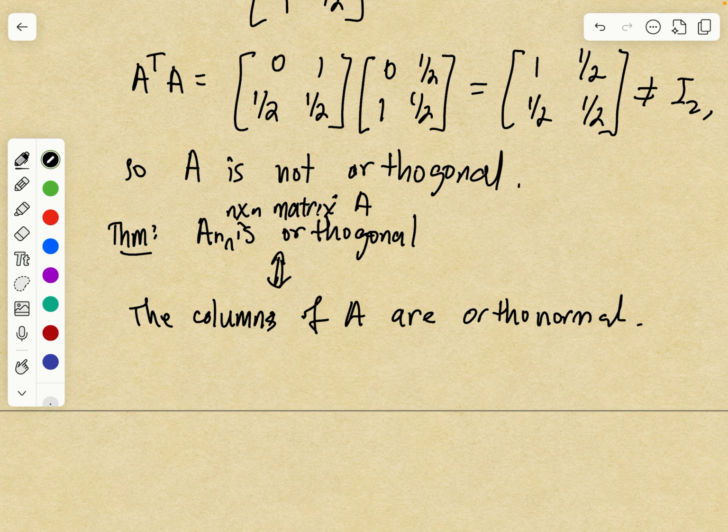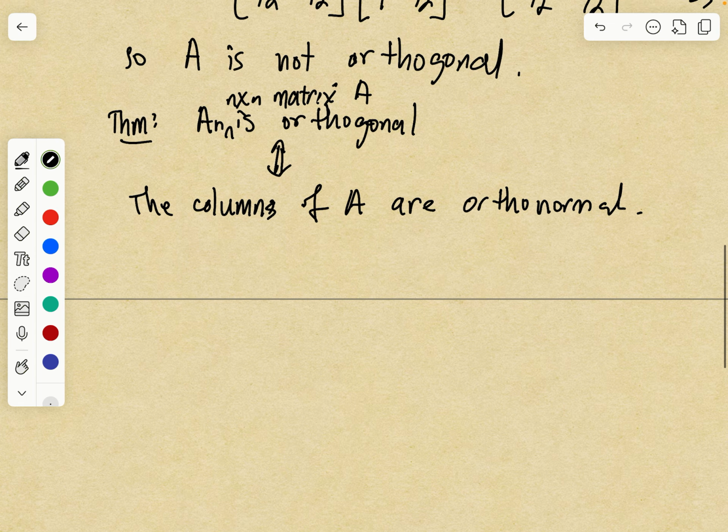Remember, that means that they have unit length and they're mutually orthogonal to each other. If you take two different column vectors, their dot product is 0.